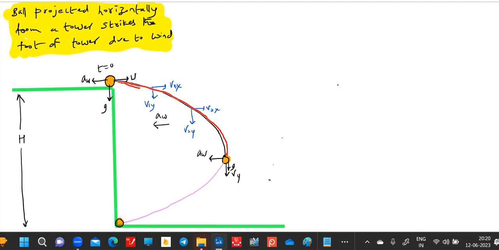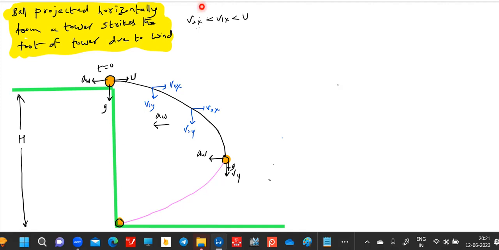Then how will the other motion of this particle be? Here, we can write u greater than v1x greater than v2x. Along the x-axis, v2x less than v1x less than u.